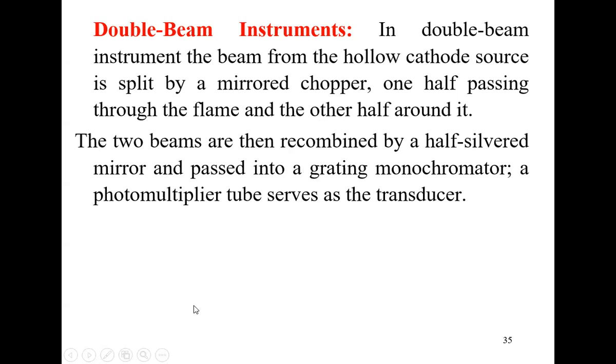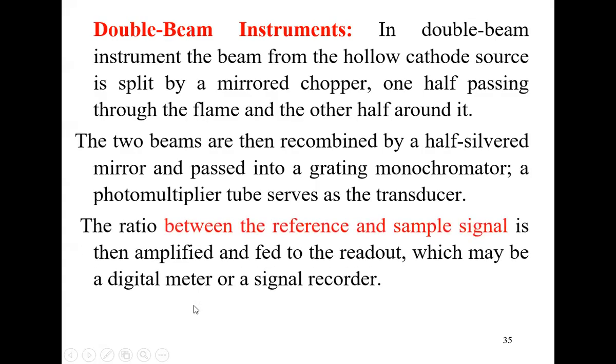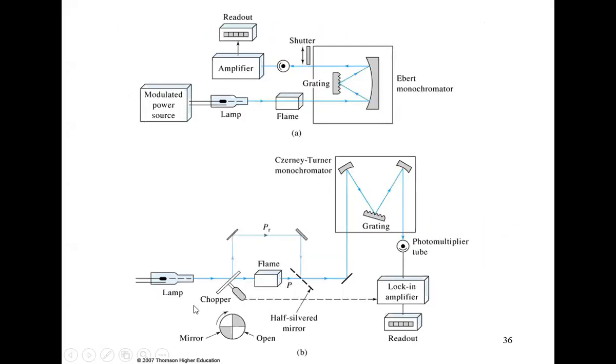Typically, this is what you did in the UV-Vis spectrophotometer. The two beams are recombined by a half silver mirror and passed into a grating monochromator, and the ratio between the reference and the sample signal is then amplified and fed into the spectrophotometer.